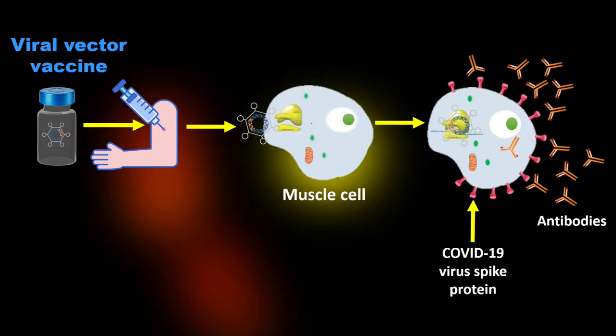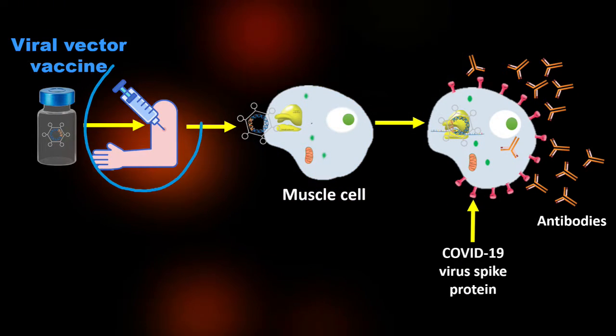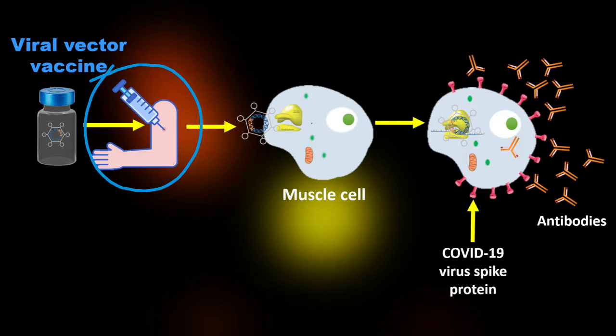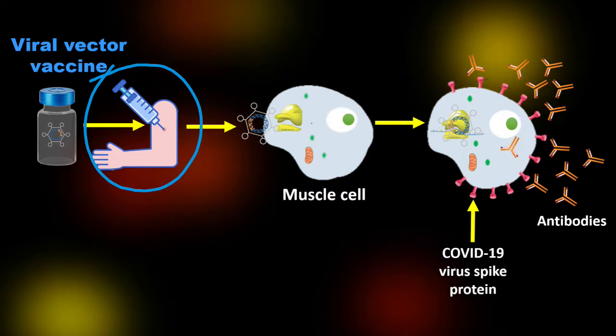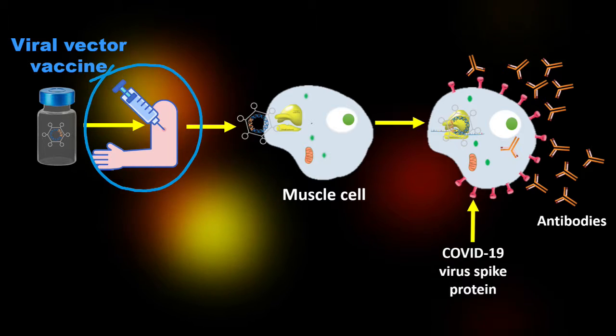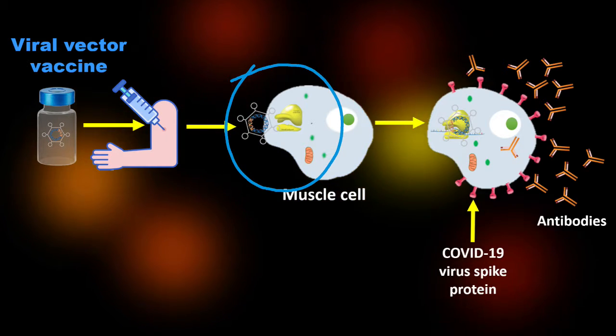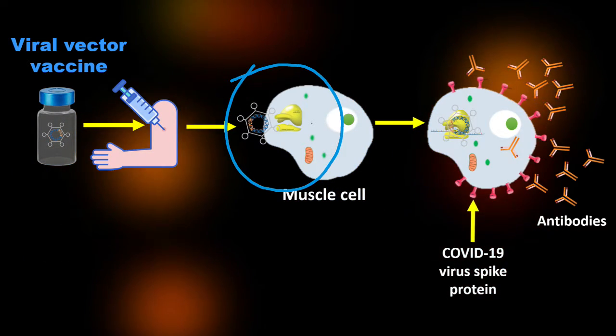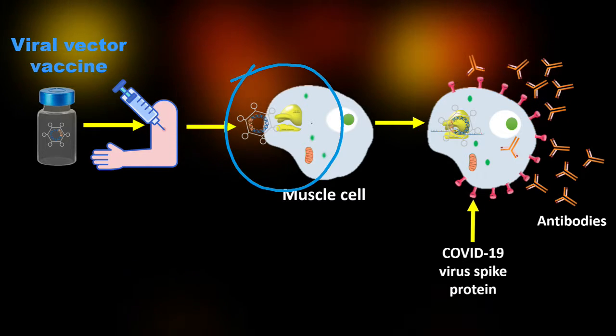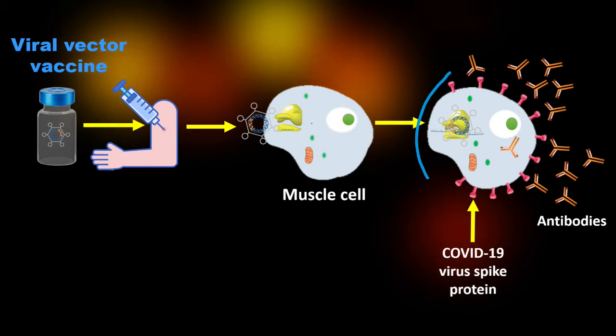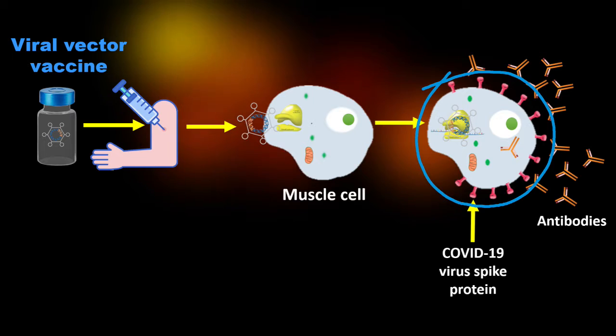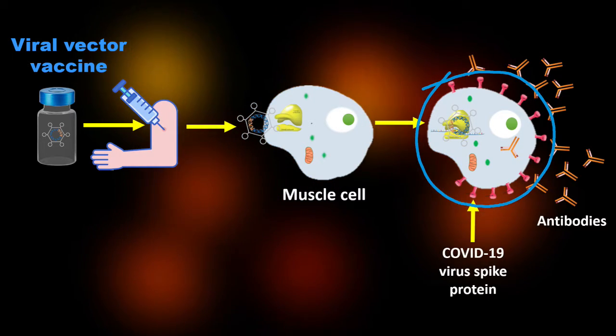Once the viral vector vaccine is injected into the upper arm muscle, the adenovirus that contains the COVID-19 spike protein genetic code invades the muscle cells and releases the genetic code. Then, the muscle cells read the genetic code and produce millions of copies of spike proteins displayed on the surface of the muscle cells.